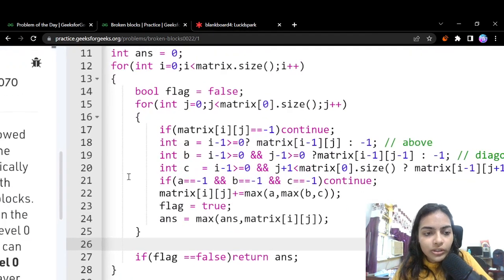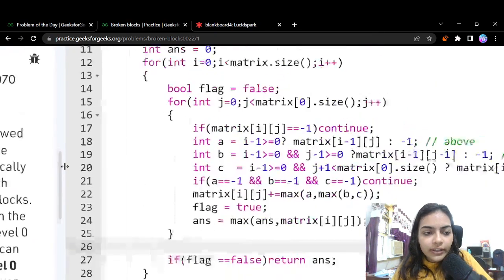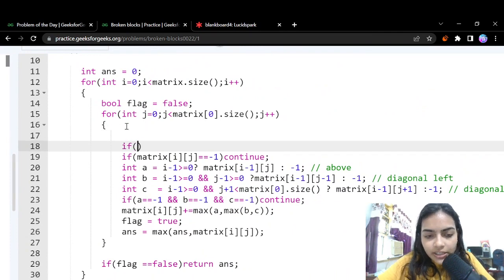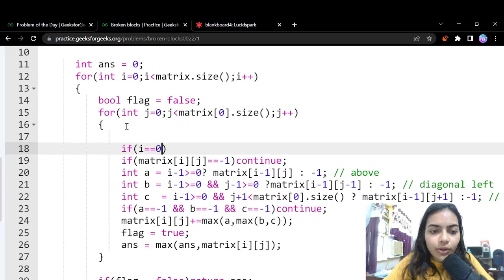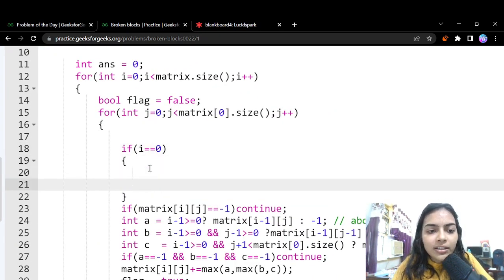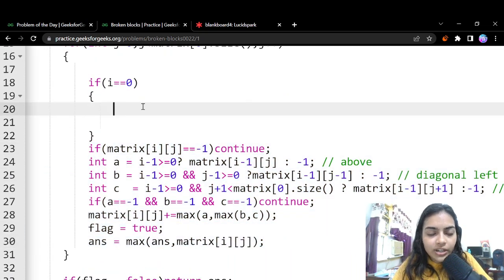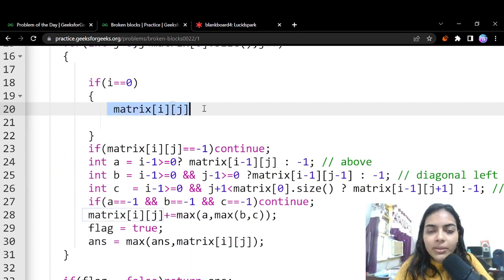Now there is just one more thing, which is that if you are at level 0, suppose i is equal to 0, you are at row 0, then in that case it's very simple. You need not do all these things. All these things are useless for the first row, because for the first row, whatever is the answer, matrix of ij, that is only going to be the answer for the first row.